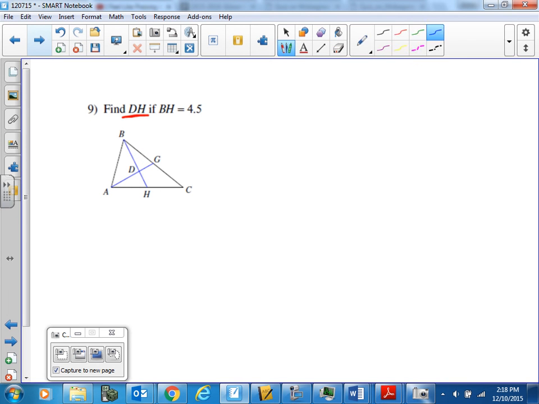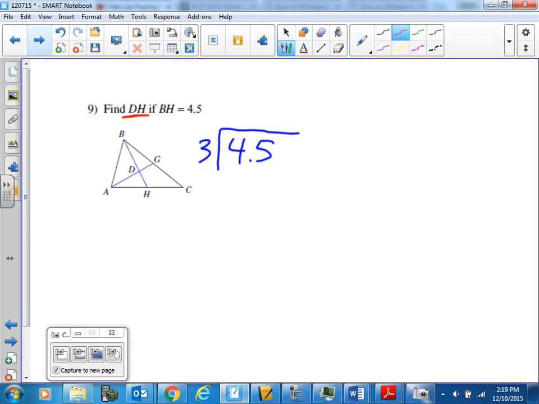Now another student had an idea of splitting 4.5 into 3. She actually took this and started doing long division. She said, if I can split this entire segment, if I know it's all 4.5, into 3 equal parts, right? Let me make that picture a little better.